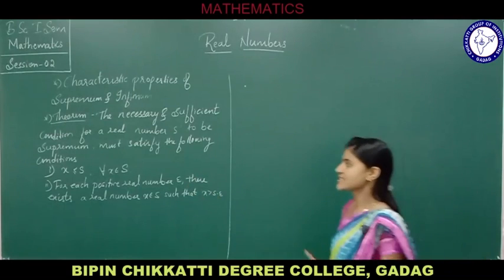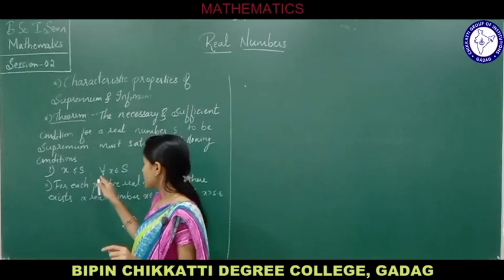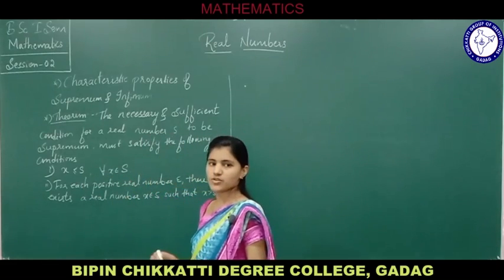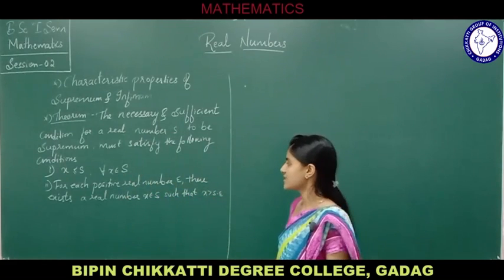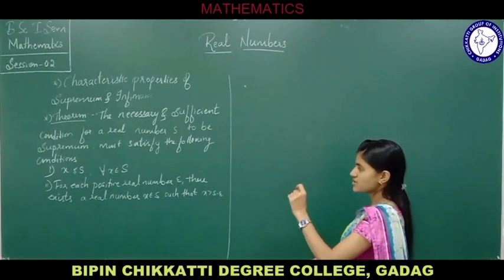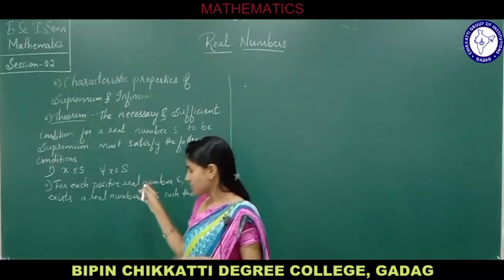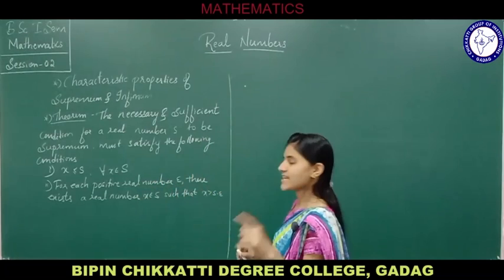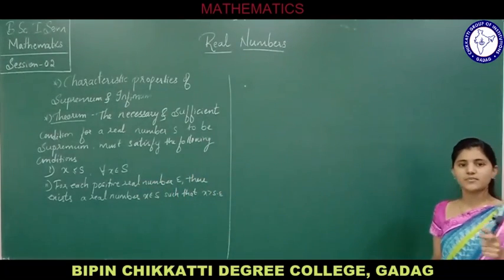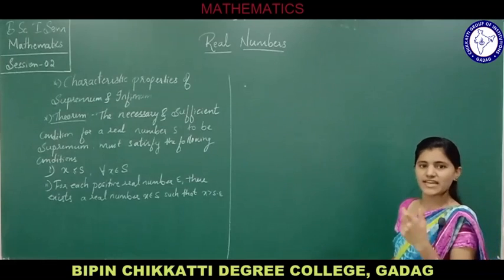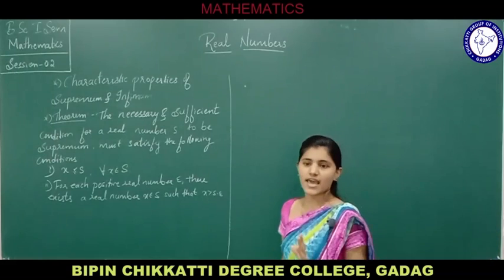The first is that x is less than or equal to S for all x belonging to the set S. The second is that for each positive real number epsilon, there exists another real number x belonging to S such that x is greater than S minus epsilon.